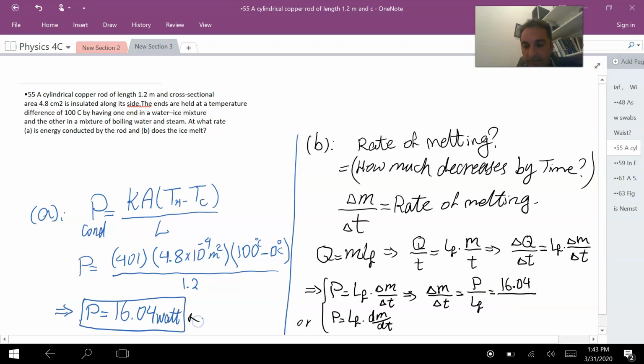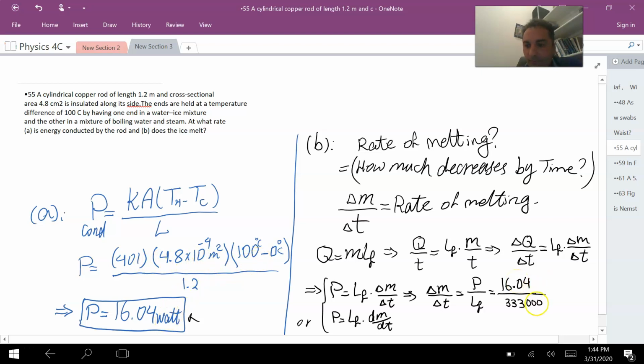LF, we know it for ice water. It's 333,000, let me see. Yeah. So everything is in the metric system, yes.